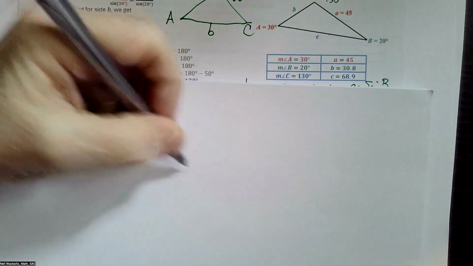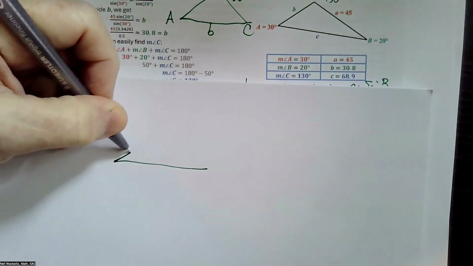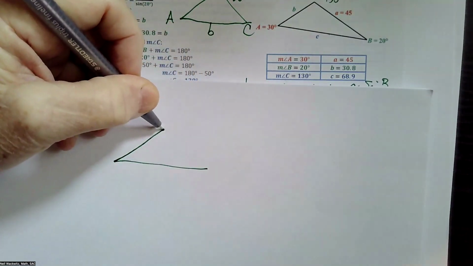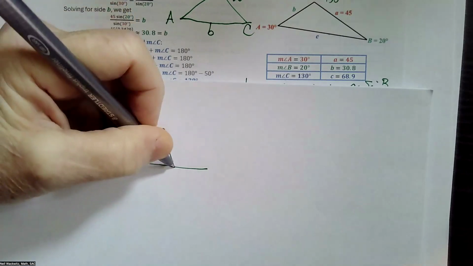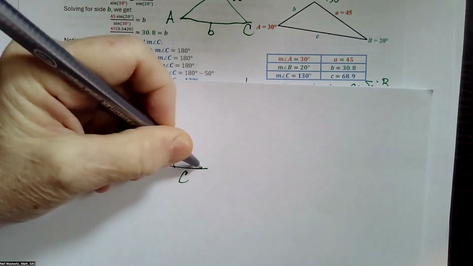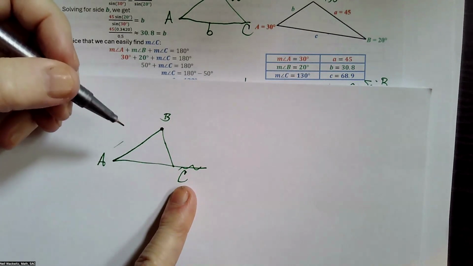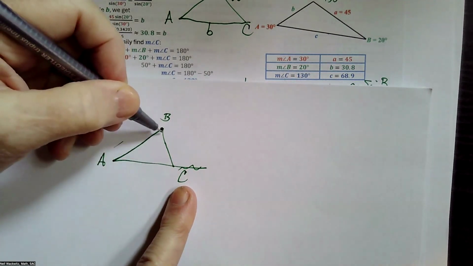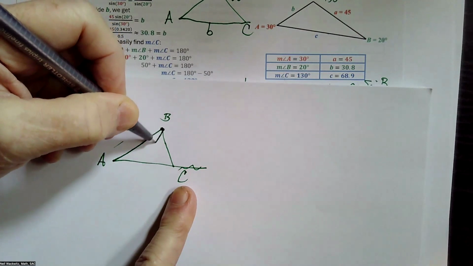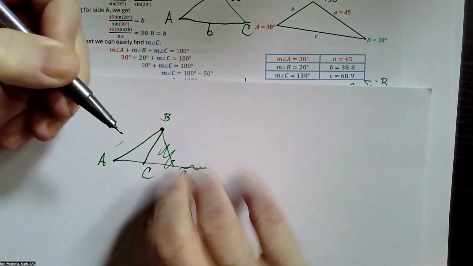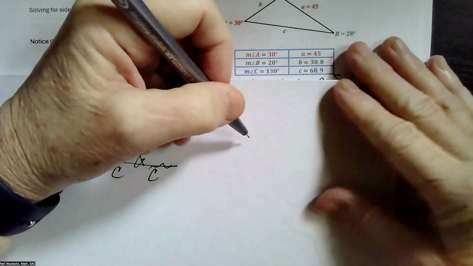So let's see, this time we would have angle A is acute, angle B is acute, and angle C has to be obtuse. So actually, we have to draw it like that. Yeah, that looks right.